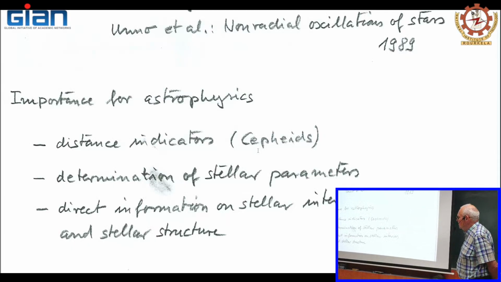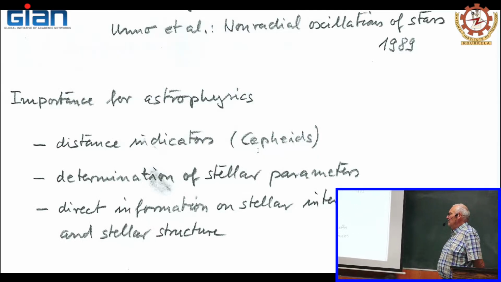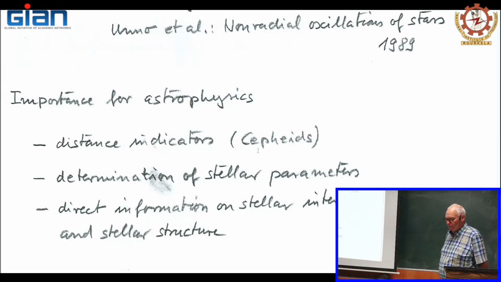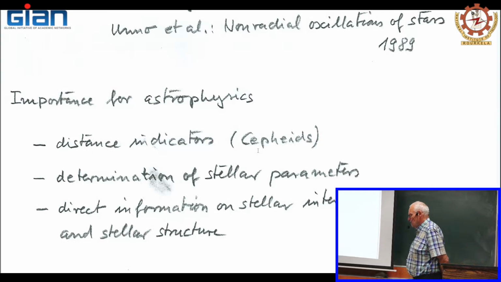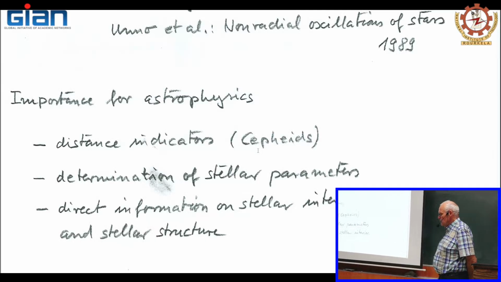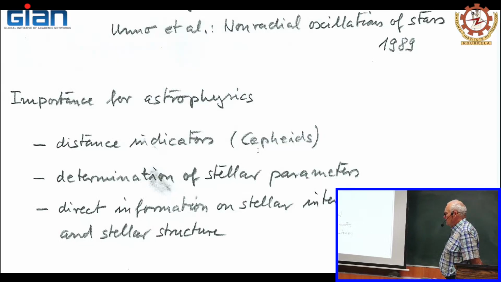Well, in addition to determining distances, stellar pulsations might also be used to determine stellar parameters, to confine the range of stellar parameters directly without reference to the spectrum of the star, but using the additional information of measured periods, and the ratio of periods.